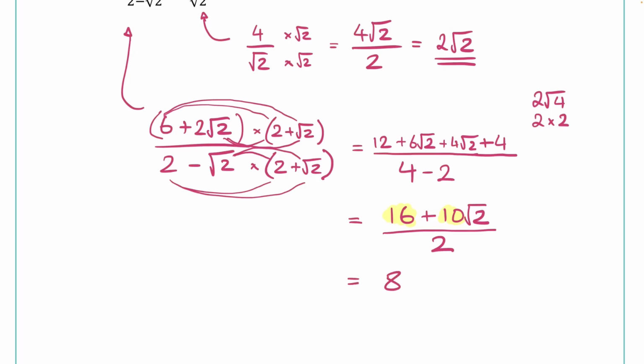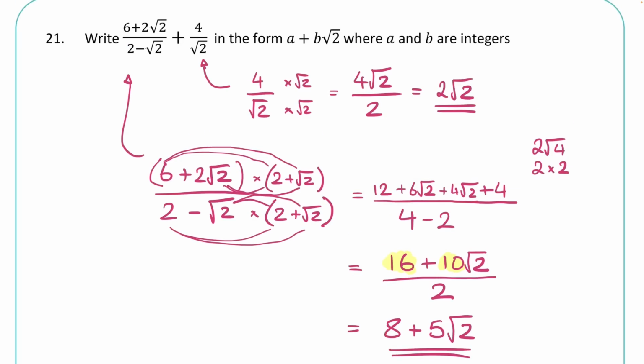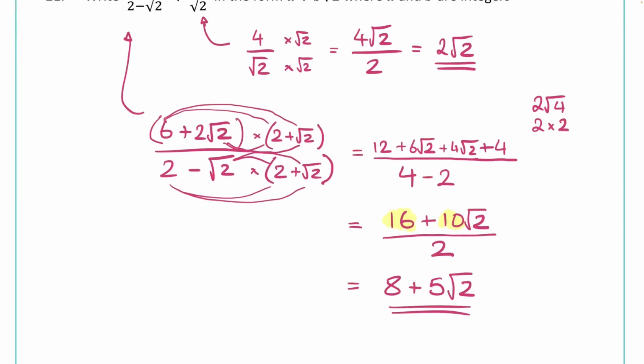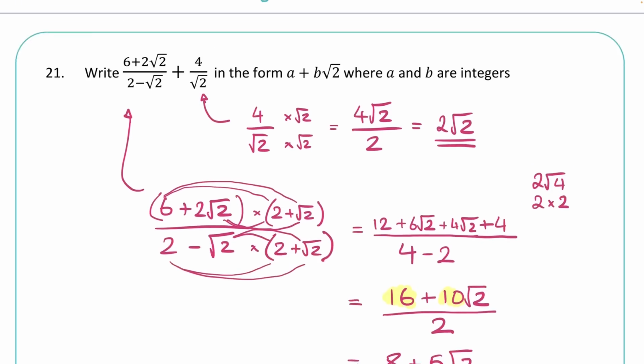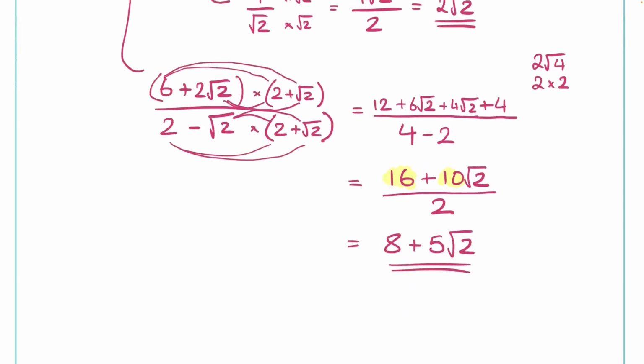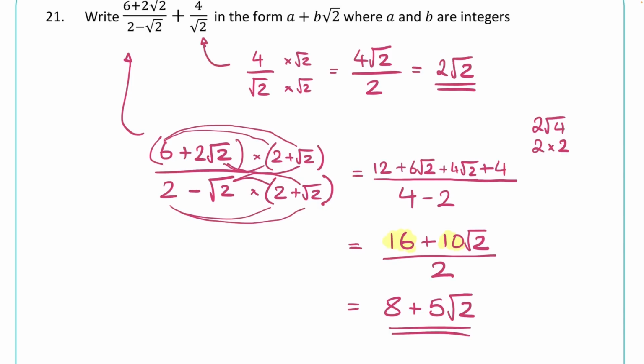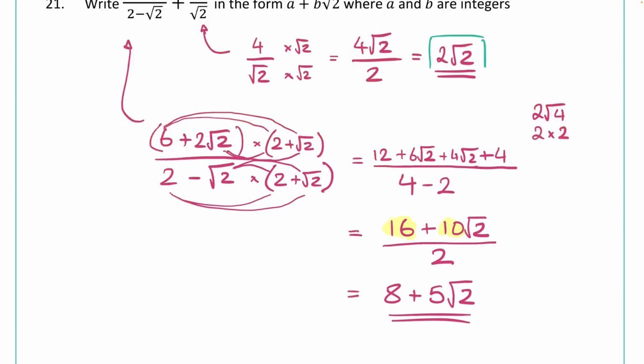That's going to give us 8 plus 5 root 2, and that is our first fraction now rationalised and not even written as a fraction anymore because of the fact that it's simplified, which is perfect because our final answer doesn't want it in fractional form. So we have 8 plus 5 root 2. The previous one was 2 plus root 2, so we're going to add that.